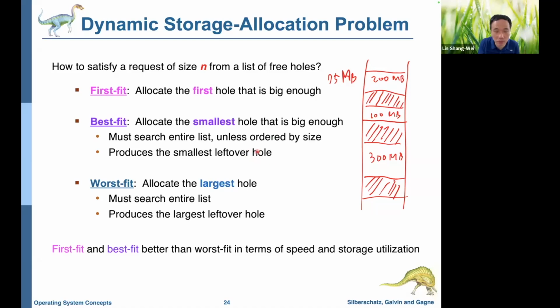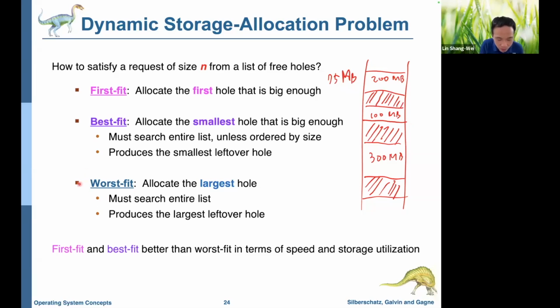So you will see this term in memory as well. Here the best fit will give you the smallest internal fragmentation. If we allocate 200 to this, we have 125 internal fragmentation. If we allocate 100 to this, we only have 25 megabytes of internal fragmentation, right?